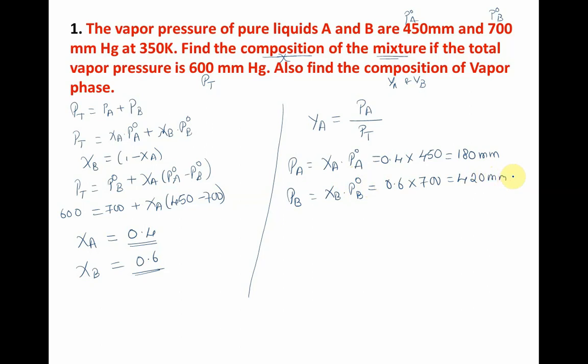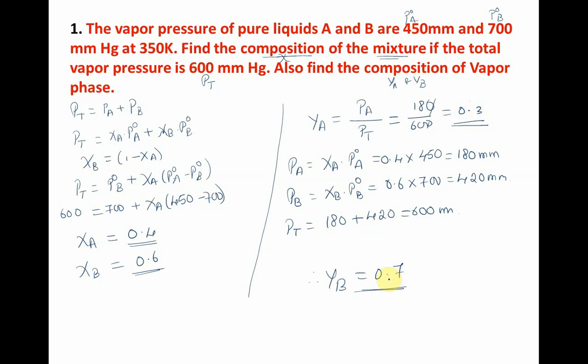Therefore, P total is 180 plus 420, equal to 600 mm. Therefore, YA is equal to 180 divided by 600, which is 0.3. Therefore, what is YB? YB is equal to 0.7. Pause the video and note it down.